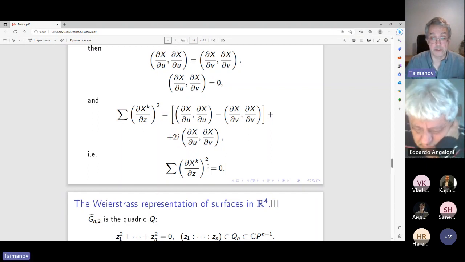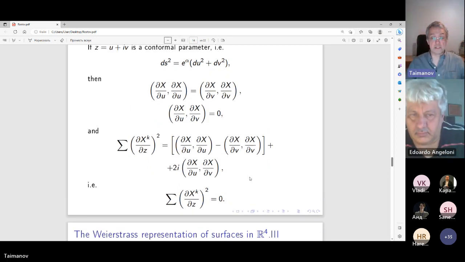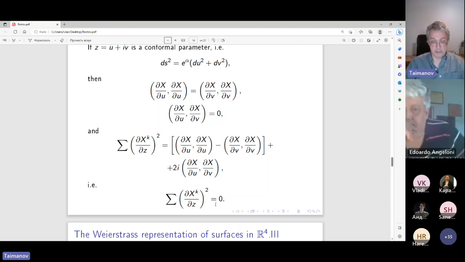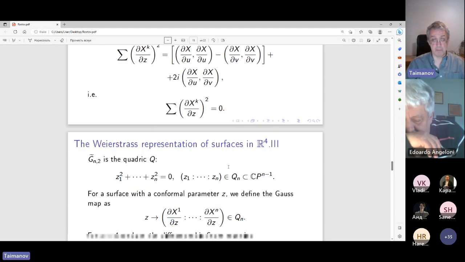So this is a quadric. That's true for any dimension. If we have a surface in n-dimensional Euclidean space and z is a conformal parameter, this means that the sum of the squared derivatives of the coordinates with respect to z vanishes. These are complex numbers, so that's possible.